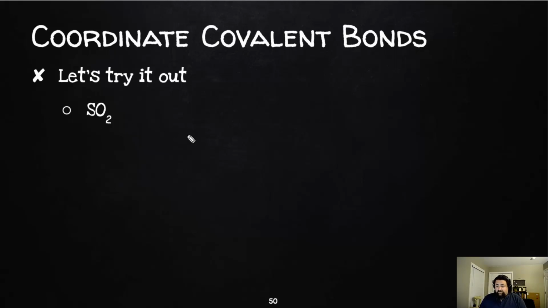Okay, hopefully you tried it out. And here we have SO2. And so we draw these things out. And now we have 3 atoms, all right? And so in this, we're going to assume sulfur ends up being in the middle because it's the first atom here.